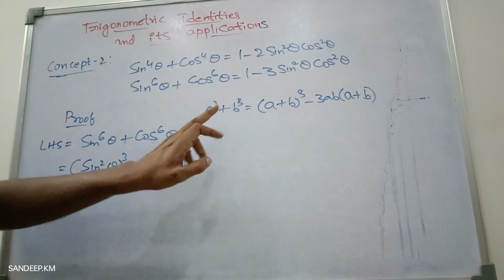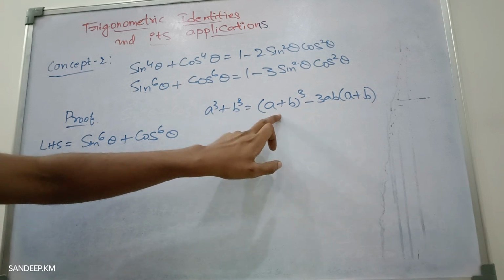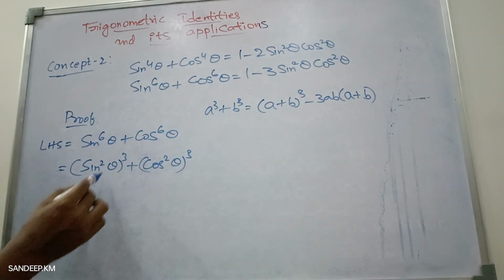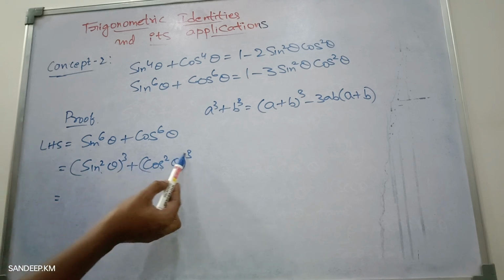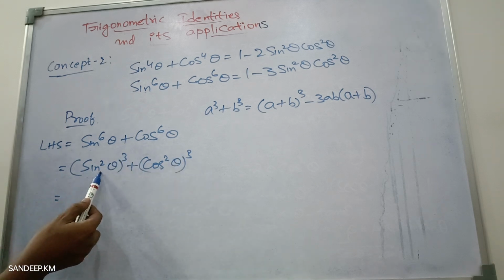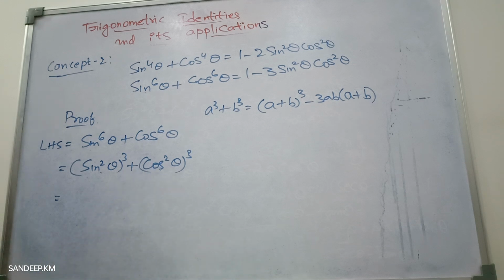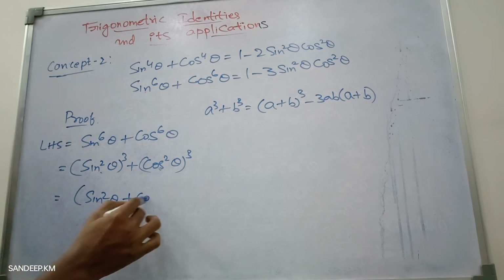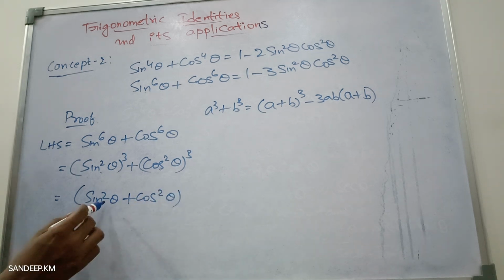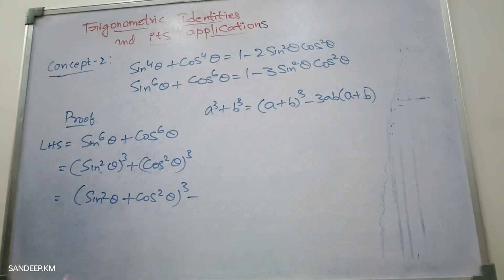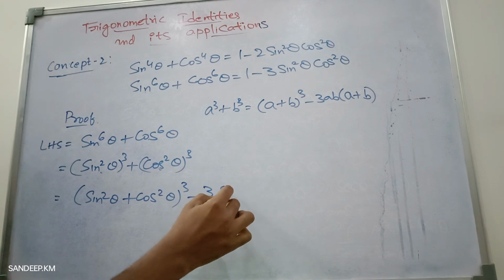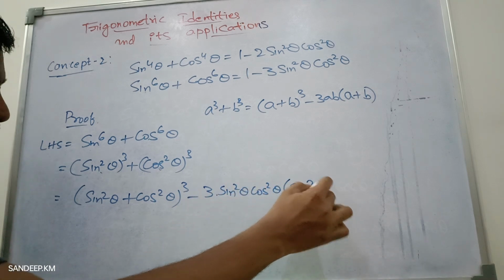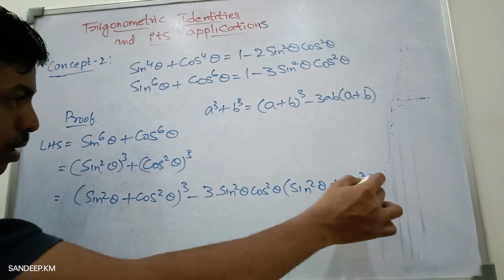I will use this. A cube plus b cube is equal to (a plus b) whole cube minus 3ab into (a plus b). This is in the form of a cube plus b cube, where a is sin square theta and b is cos square theta. So (a plus b) whole cube minus 3 into a into b into (a plus b).